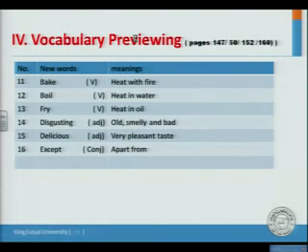Bake. We have bake, boil, and fry. Bake, to expose something to fire directly. البيك معناها اللي هو الخبز وتعريض الشيء إلى النار مباشرة. We say bake.